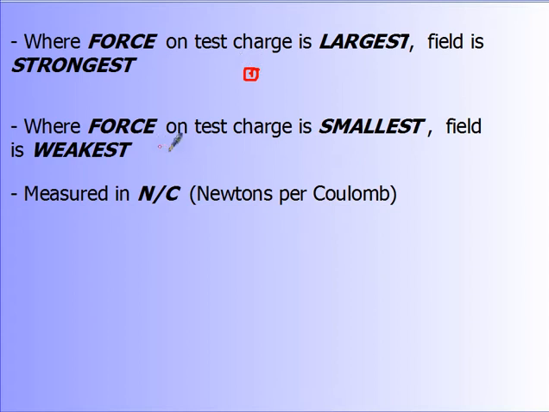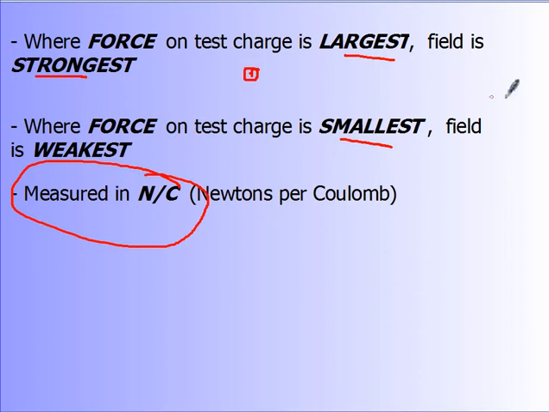Wherever it's weak or small, tells me I have a weak field. That kind of makes sense. A strong person is going to exert a strong force, and a weak person is going to exert a small force. Now, electric fields are always measured in newtons per coulomb. We're not being real creative with this one.